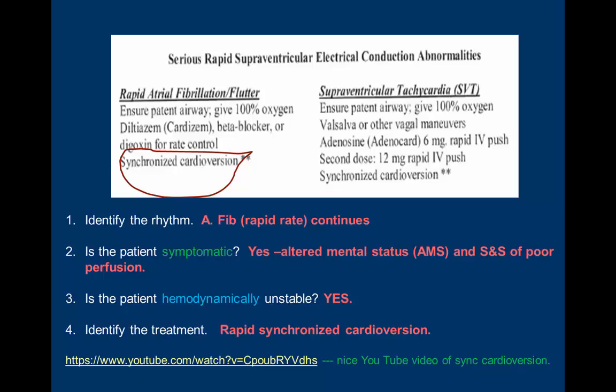Again, the synchronized button is hit, and there will be a line or a dot or something to indicate on the R wave, and then that's when you push the electricity button, then it will give the electrical impulse when the heart is depolarizing, when it's working.